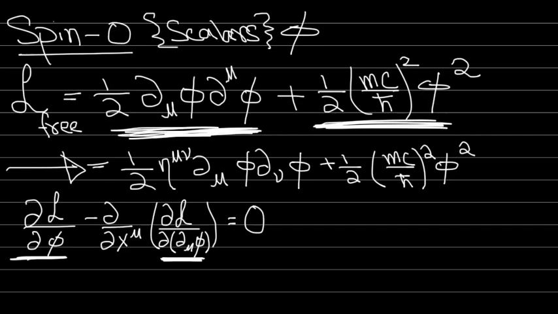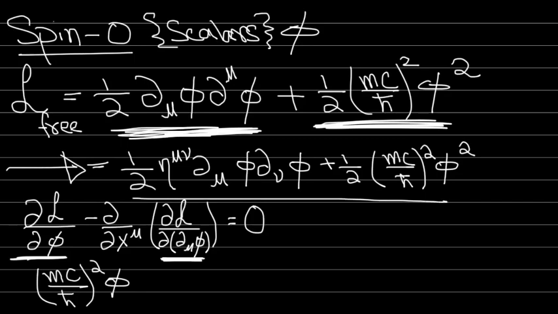So this would actually be a very good exercise for you to brush up on your mathematics skills, and if we go ahead and do that, then what we get is mc over h bar squared, right? All of these constants come out, and phi, again remember we have to take the derivative of this one.